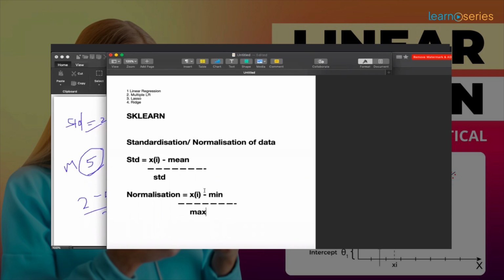This is called normalization. Each column has a minimum value and a maximum value. Subtract the minimum value from each x, one by one, and divide by the max value. It's called data normalization. These things are already available in sklearn. You just have to import and use them.